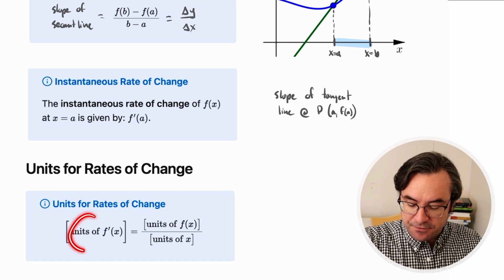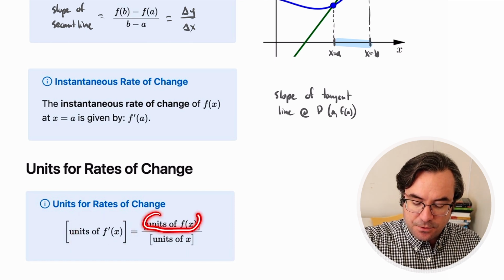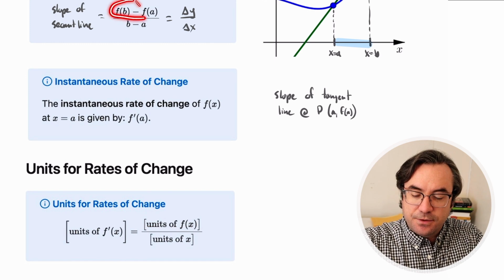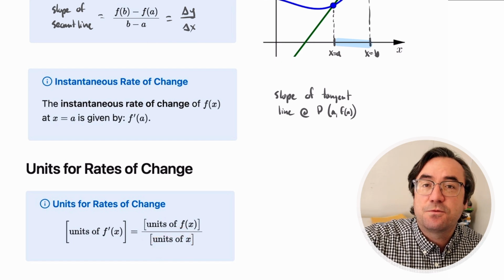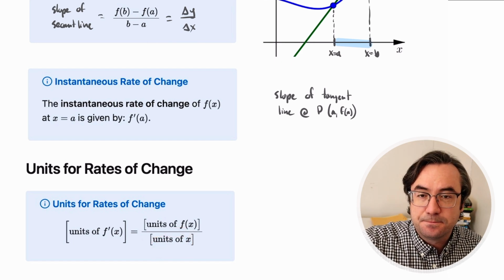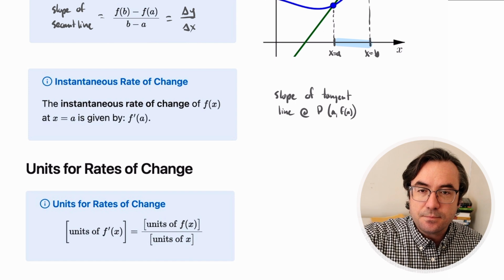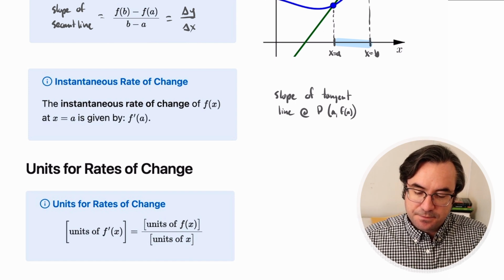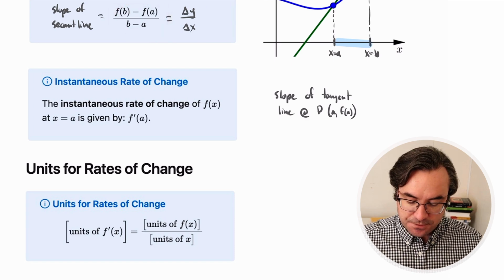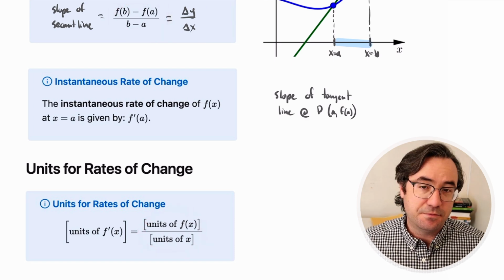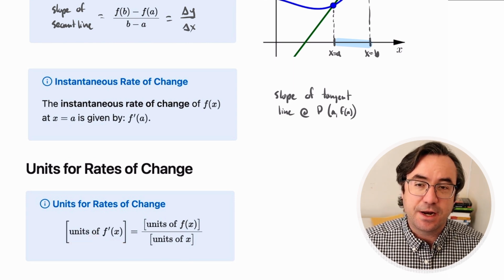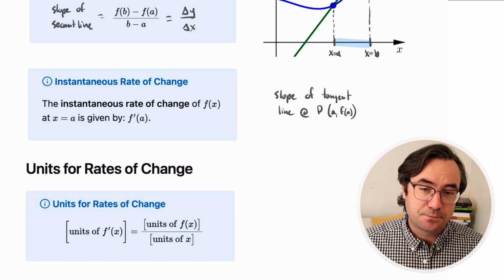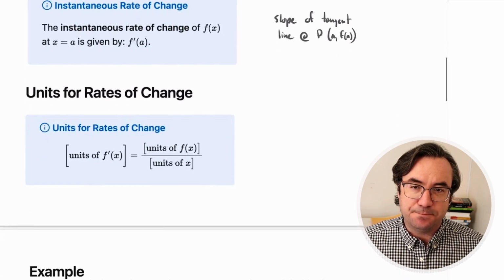So the units for f prime are going to be the units of our function value, the numerator there, divided by whatever the units for our variable x are. And so our average rate of change is going to have these units, and our derivative is going to have these units as well.